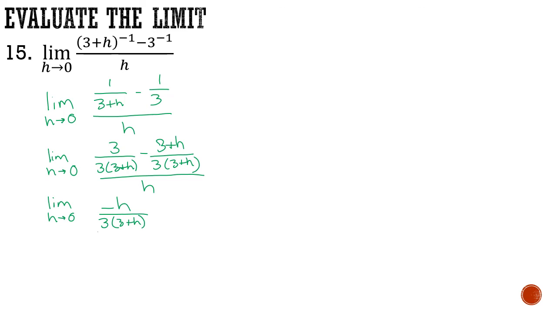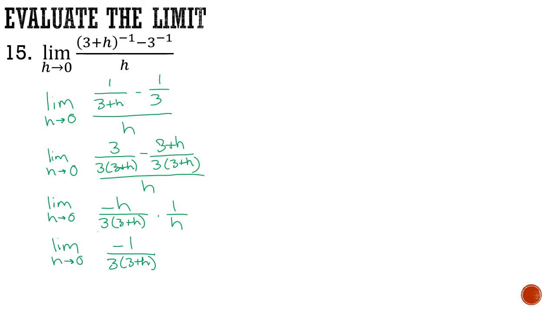Dividing by h is the same as times 1 over h. Limit as h approaches 0. I can simplify negative h and positive h. That's -1 in the numerator, 3 times 3 plus h in the denominator.